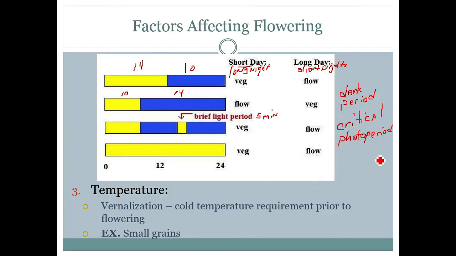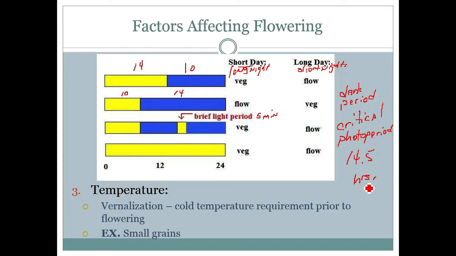Let me give you an example. Let's say you have a short day plant like the soybean. It may have a critical photoperiod of, let's say, 14.5 hours. And what that means is that if it sees a day that is 14.5 hours or shorter, let's say it's seeing 15-hour days, and you switch it to 14-hour days, that's going to trigger the flowering response.